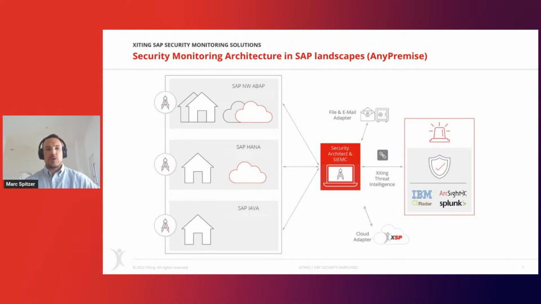This is also something which is quite interesting from a security standpoint, to analyze the HANA audit log, for example, but also check for vulnerabilities. So if you have your privileges correctly configured, if you have your HANA profiles correctly configured in a secure manner, this is all stuff we can monitor centrally.